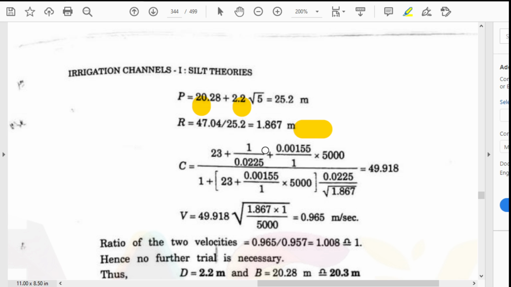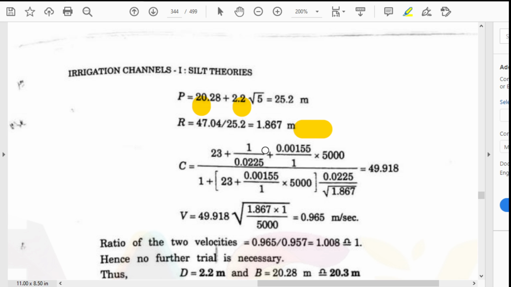Now the second last step is we have to find out the velocity by using Kutter's equation. For one velocity we found it by using Kennedy's equation. Now this is the second velocity, which will give the comparison between the first velocity and second velocity.